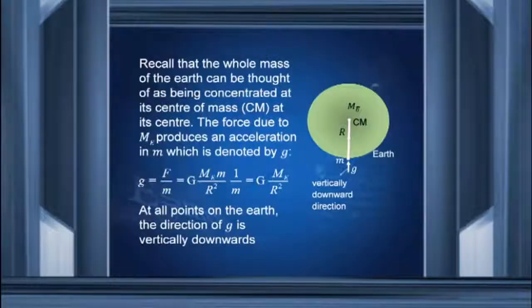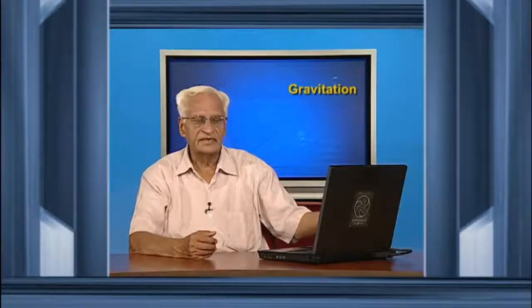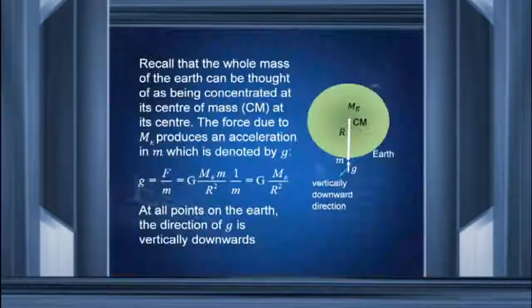Now, the force is F, the mass of the particle is m. Therefore, according to the second law of Newton, there must be acceleration in the particle, and that acceleration is denoted by g, which is F by m. Ultimately, it is equal to G into the mass of the earth divided by the square of the earth's radius.